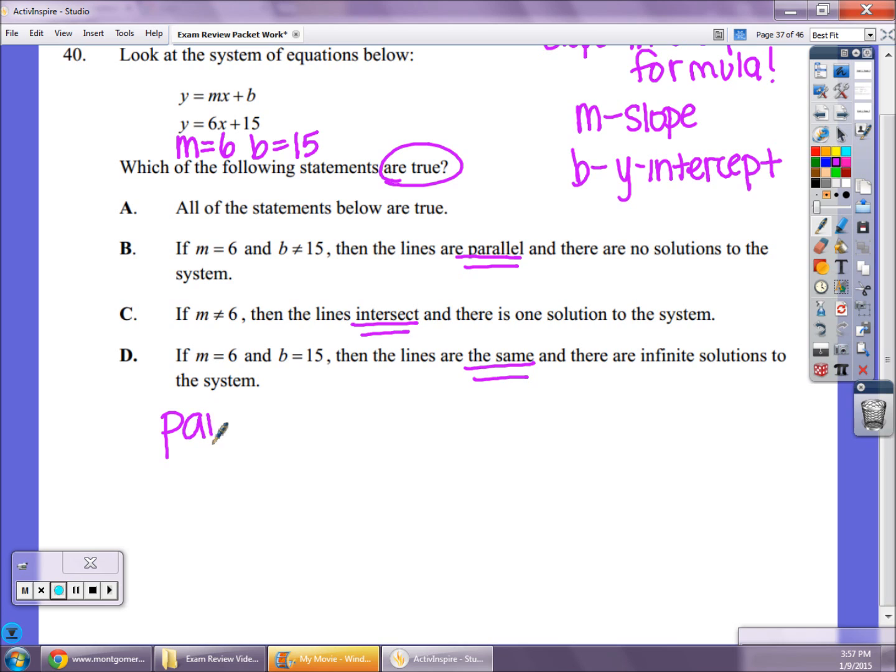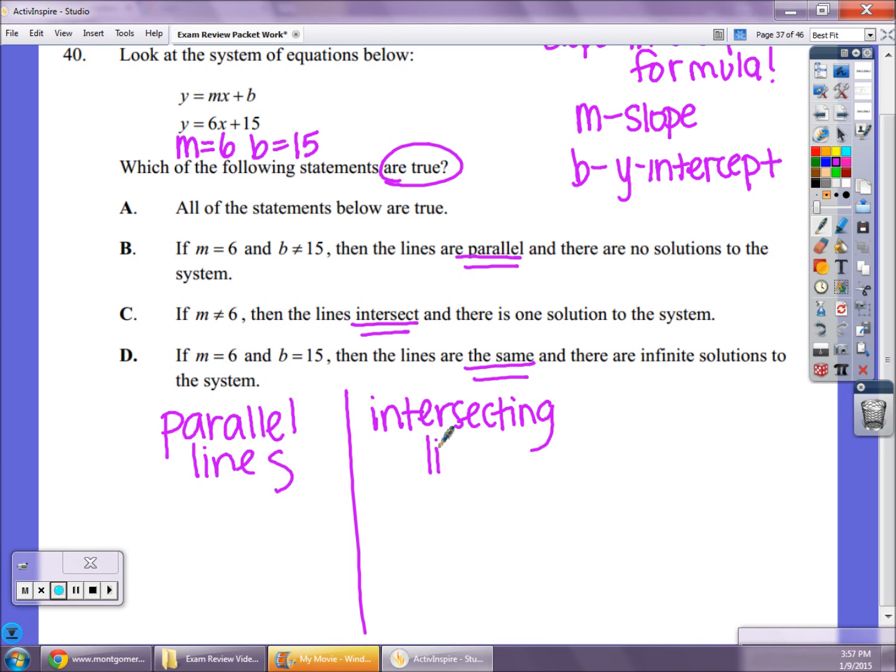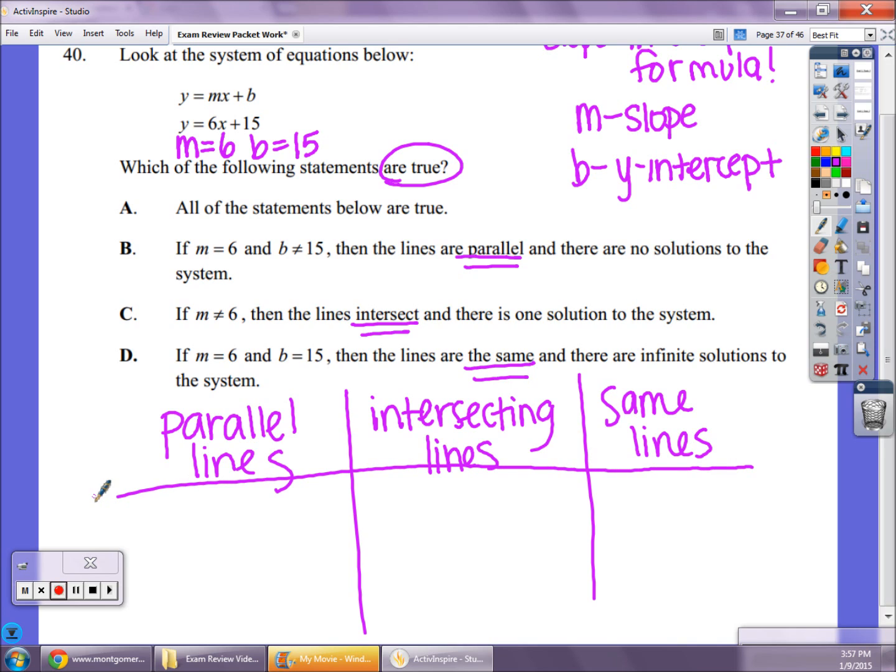So we're looking at parallel lines, intersecting lines, or the same line. Just by looking at the equations, we can tell whether or not they are parallel, intersecting, or the same.